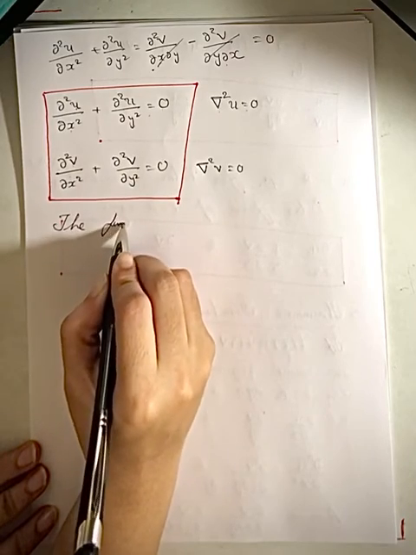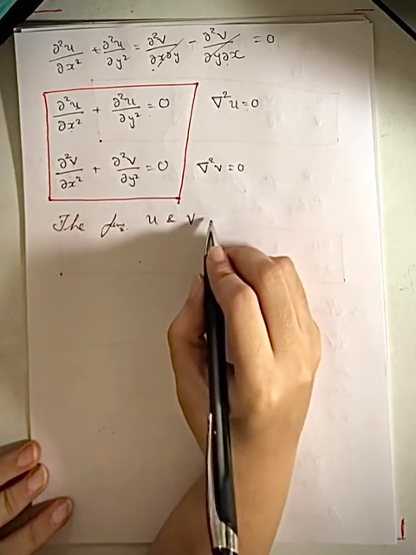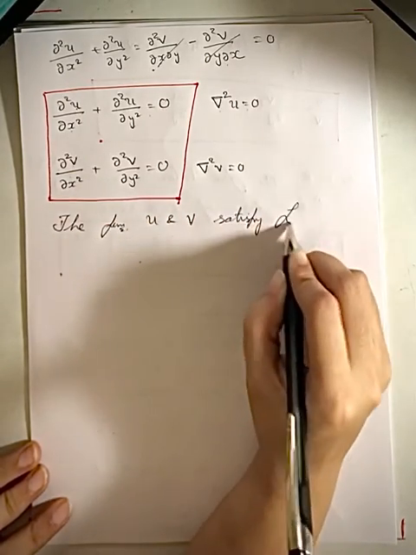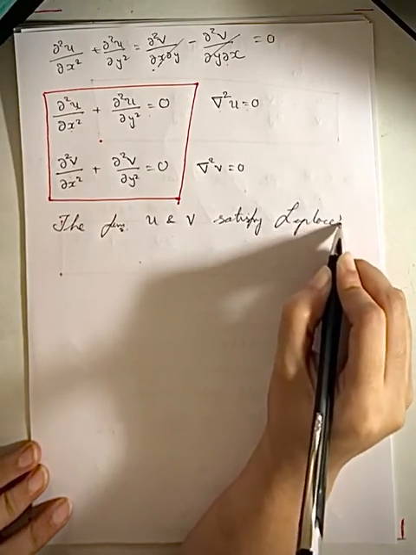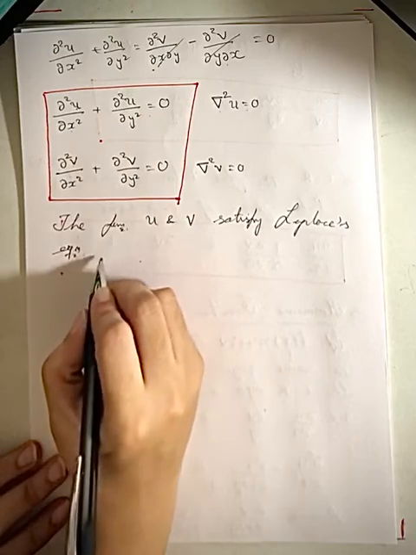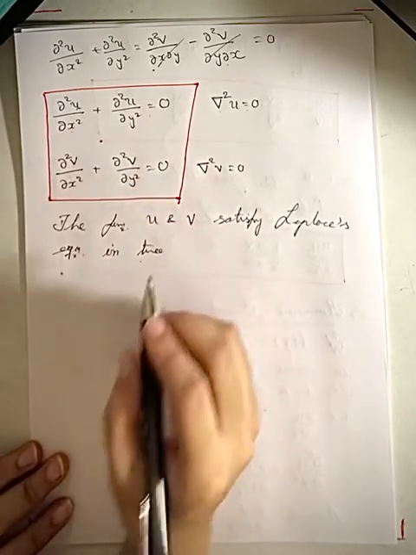So here the functions u and v satisfy Laplace's equation in two variables. The two variables are x and y.